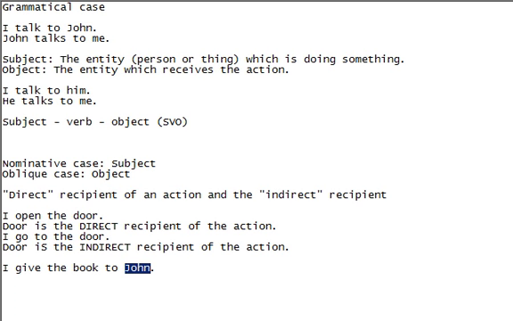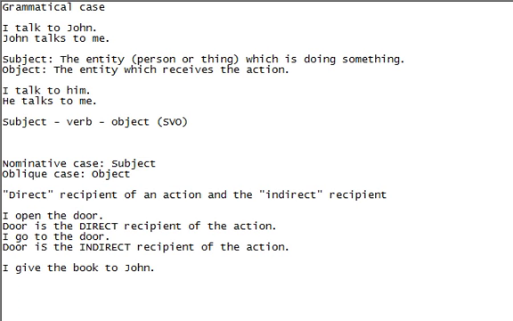No, John is the indirect recipient, because what I'm actually acting directly on is the book. The book receives the action directly. I give the book. There's nothing in between the verb and the object. The book is directly receiving the action, but technically I'm not doing anything to John directly.